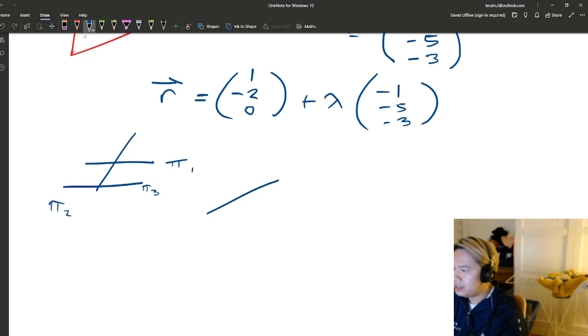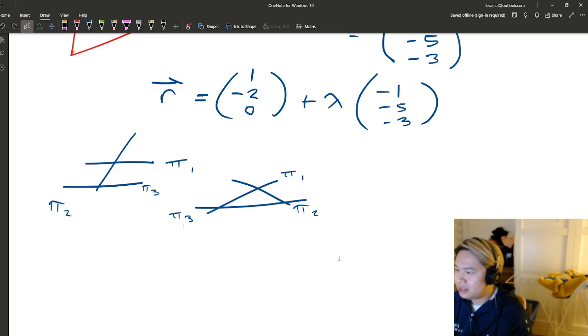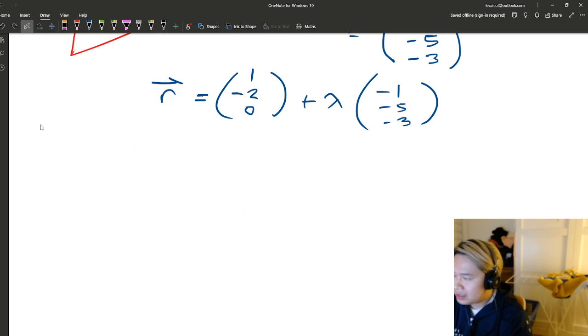You could have also, I think, plane 1, and then let's say this is plane 2, and then plane 3 will intersect both of them but in different locations.